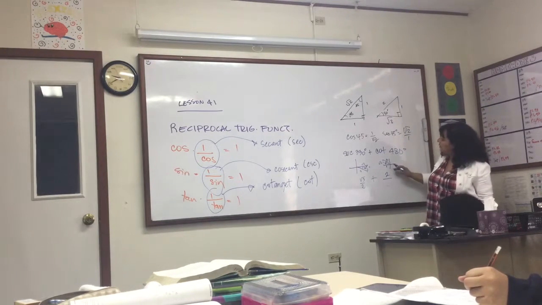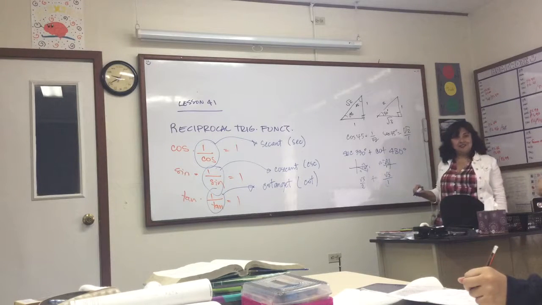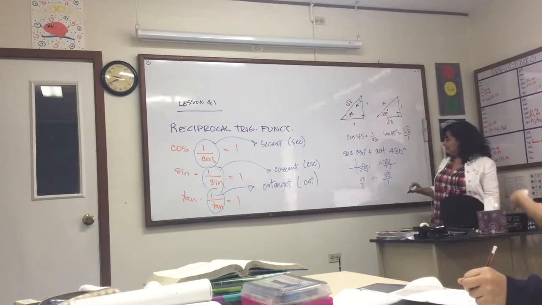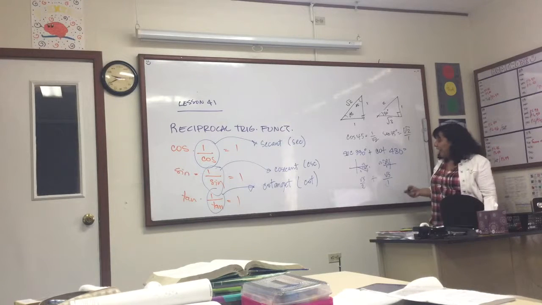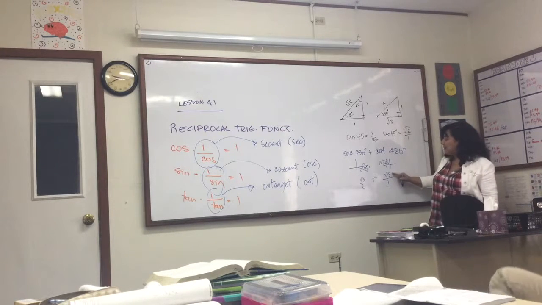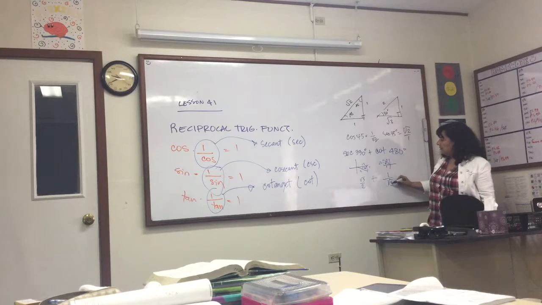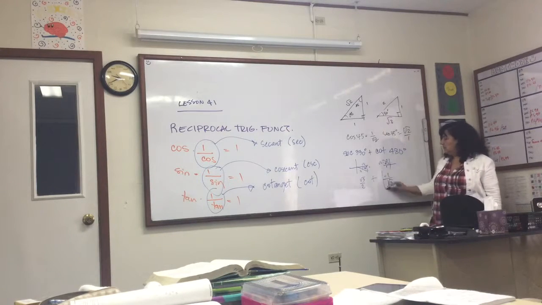So cotangent is 1 over square root of 3, because a tangent is opposite over adjacent, so it's adjacent over opposite. Right, okay, so adjacent over opposite. So it's 1 over square root of 3. Yes. And it's a minus 1. Yes.